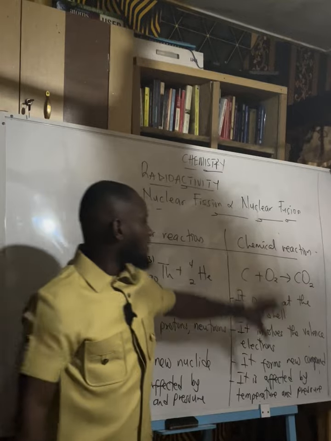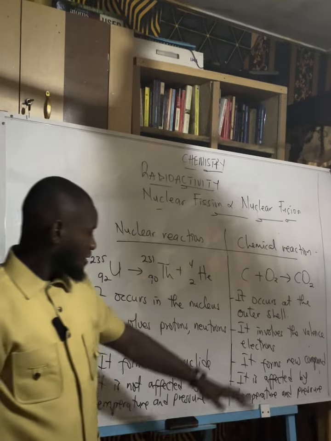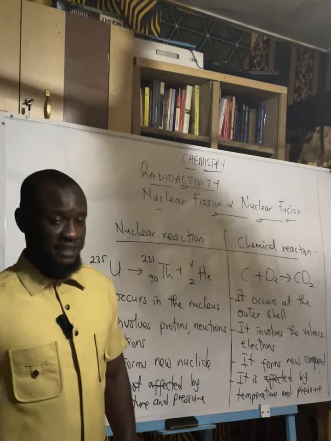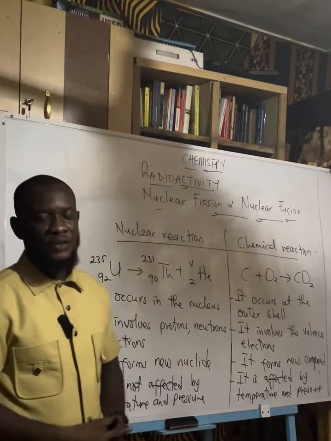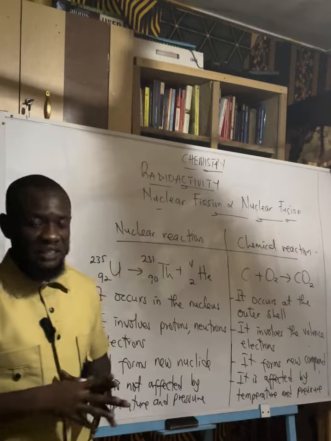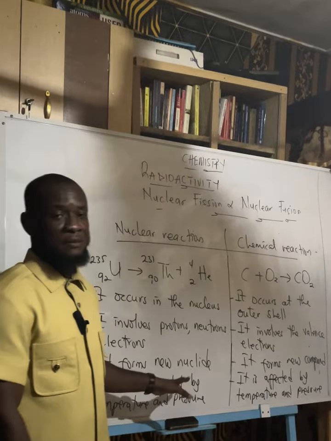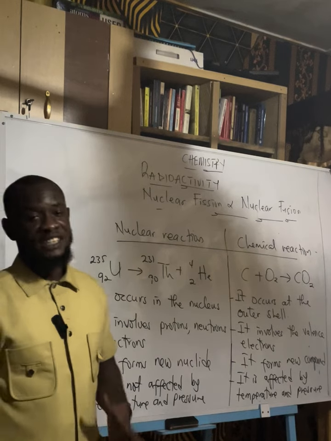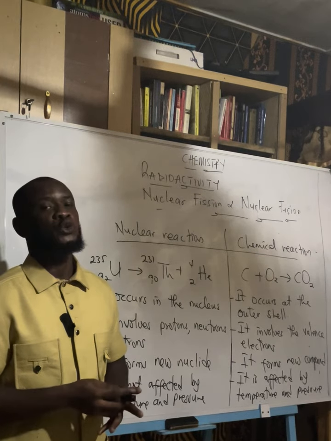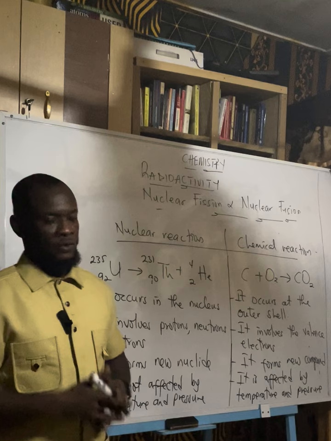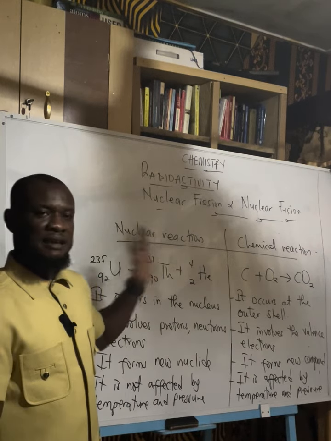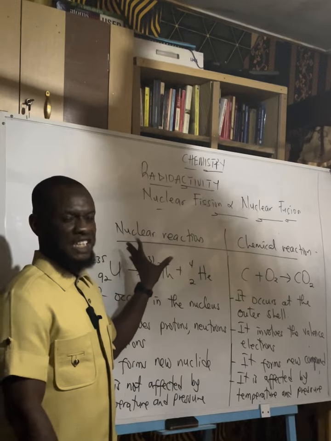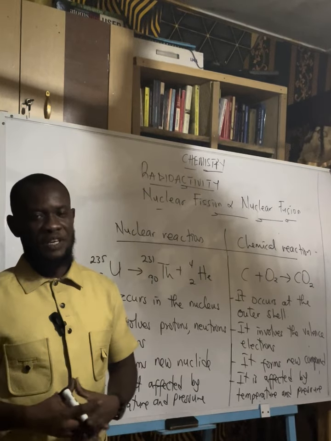Chemical reactions are affected by temperature and pressure, which we call external factors. But nuclear reactions are not affected by temperature and pressure. However, nuclear reactions are affected by the binding energy or the neutron to proton ratio. So these are some of the differences between a nuclear reaction and a chemical reaction.